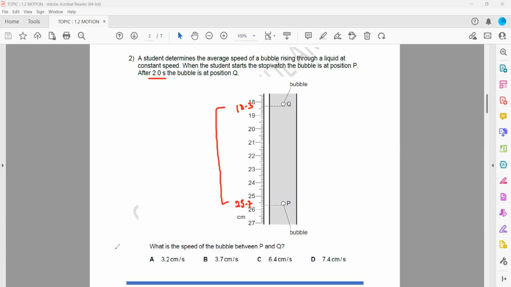So we just subtract 25.7 minus 18.3, which is 7.4. The distance is 7.4, but the unit is centimeter. It took 2 seconds moving from position P to position Q, so it will be 7.4 divided by 2, which equals 3.7. So B will be the right answer.